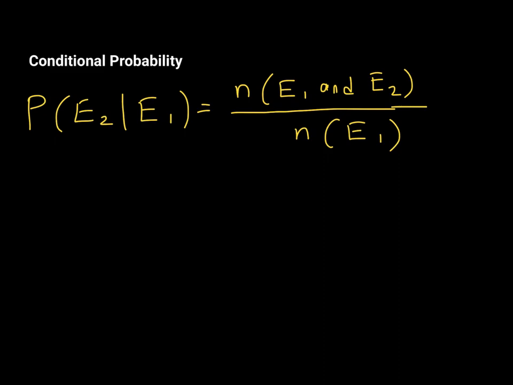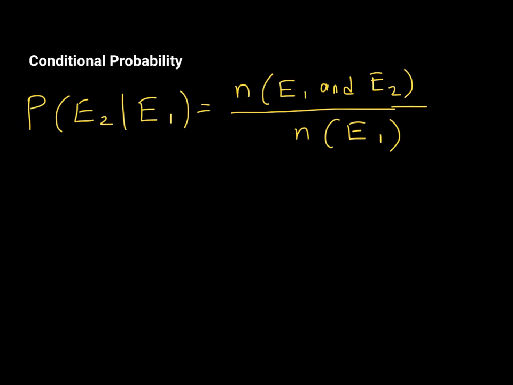In this formula, the numerator represents the number of sample points that are common to both event 1 and event 2. The denominator is the number of sample points in the first event. Okay. So we can actually write the formula like this.